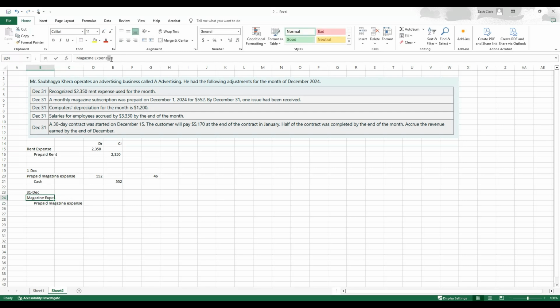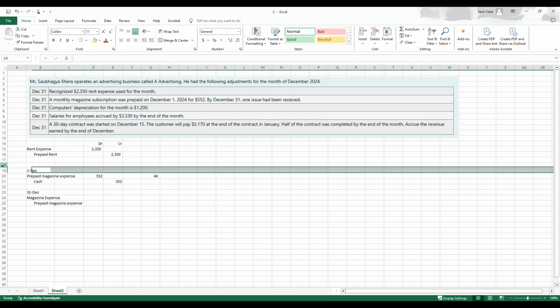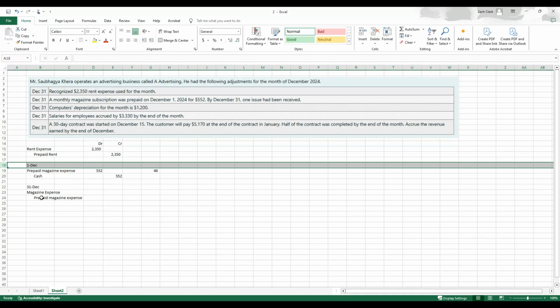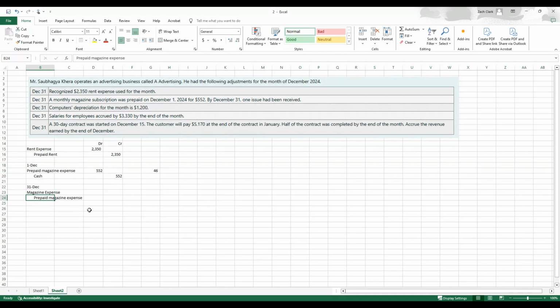In the homework problem, it'll give us specific options to select for which accounts they are. It's kind of a chart of accounts sort of thing with drop downs. So maybe the name's just a little bit different, but that's the right idea. And then again, we just divided by 12 to record one magazine received. We're assuming we're going to get 12 for 12 months. And this would be what the adjusting entry would be then.